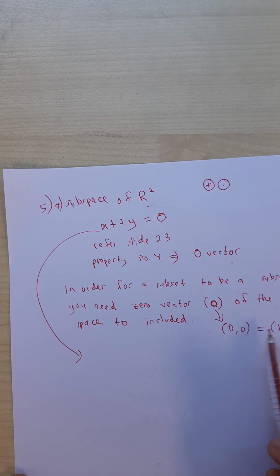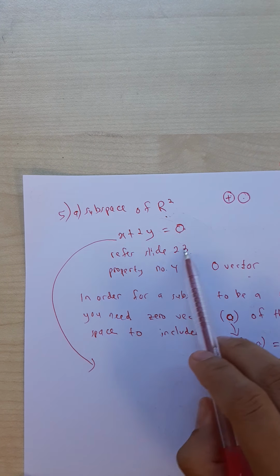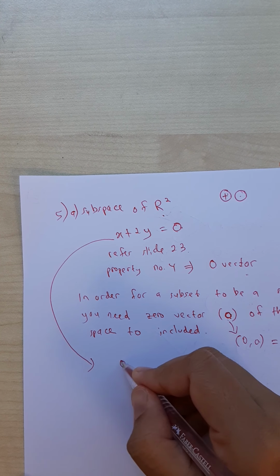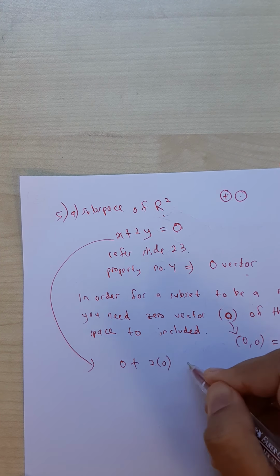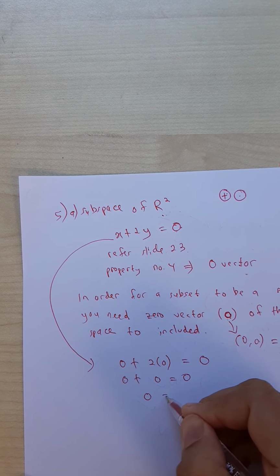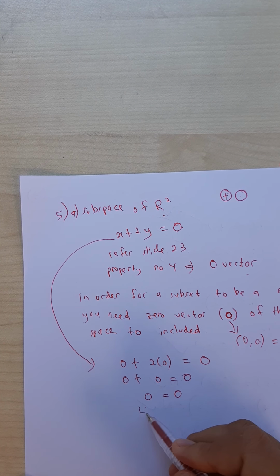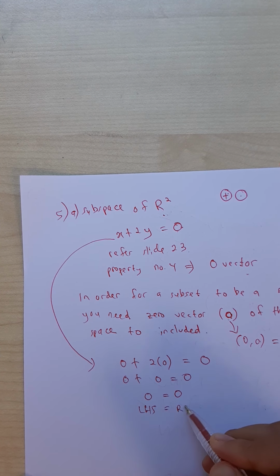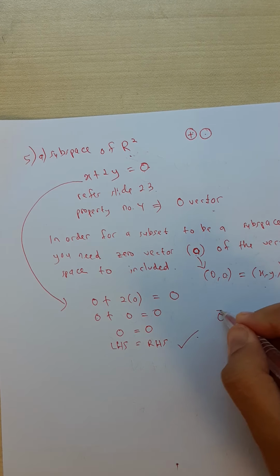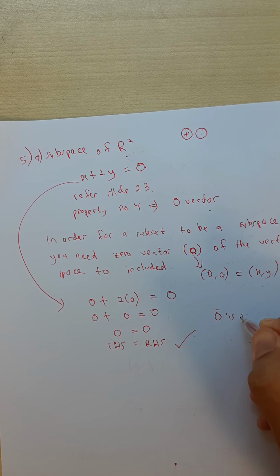I'm going to take this x equals 0 and y equals 0 and substitute into this line. I have 0 plus 2 times 0 equals to 0. In other words, 0 plus 0 is 0 equals to 0. So the left hand side is equal to the right hand side, no problem. For that reason, the 0 vector is included.